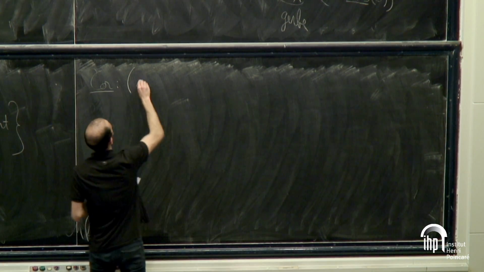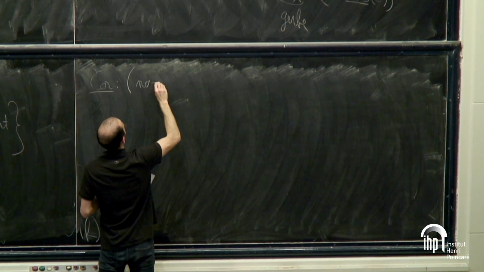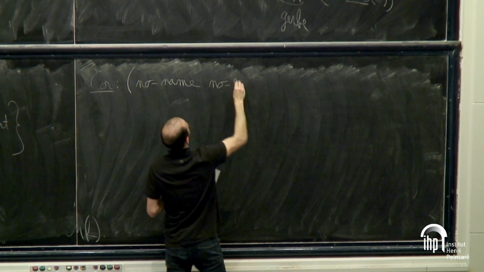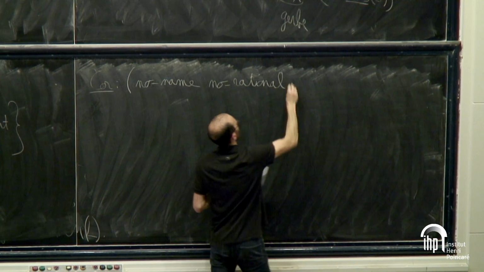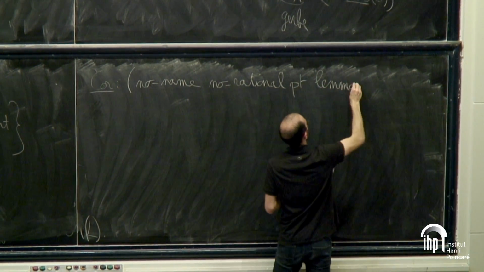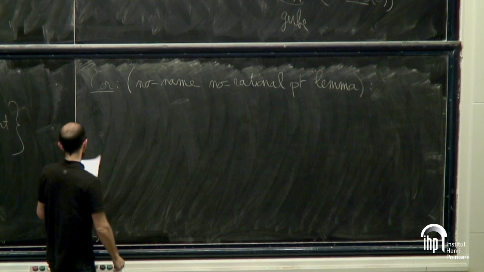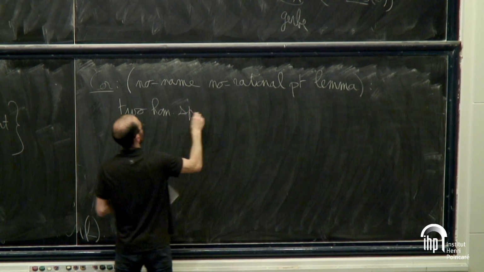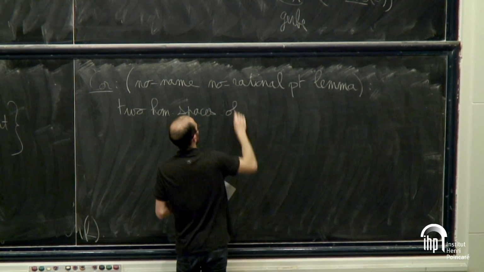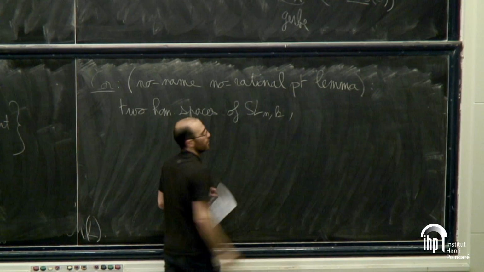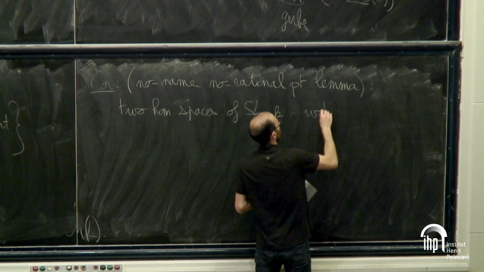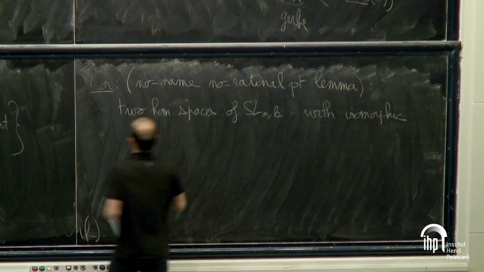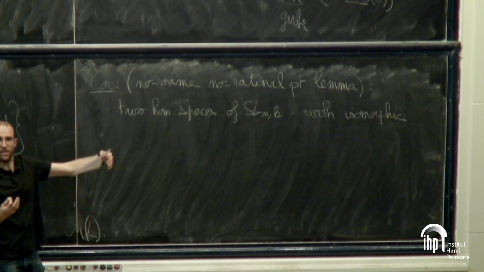And here we get some version of the no-name lemma, which we call the no-name and no rational point lemma, saying that two homogeneous spaces of SLN with isomorphic or equivalent associated gerbs are stably birational.